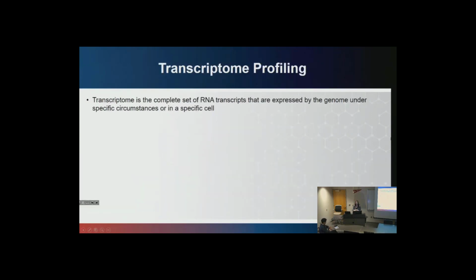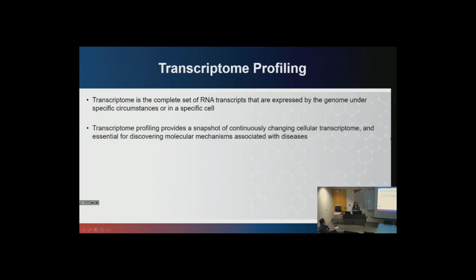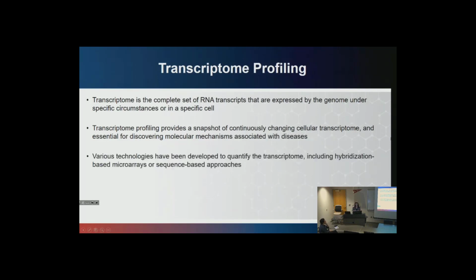So the transcriptome is the complete set of RNA transcripts that are expressed by the genome under specific circumstances or in a specific cell. And transcriptome profiling provides a snapshot of the continuously changing cellular transcriptome, and it is essential for discovering molecular mechanisms associated with diseases.